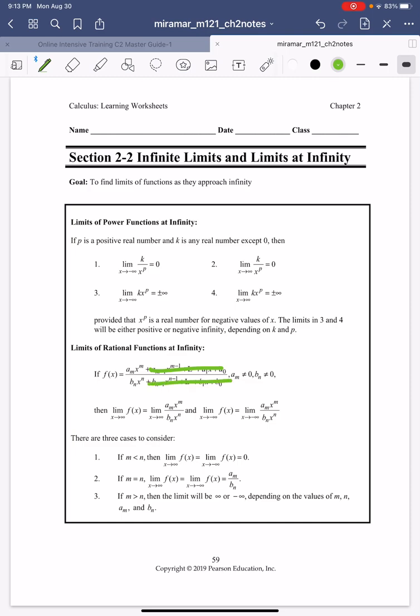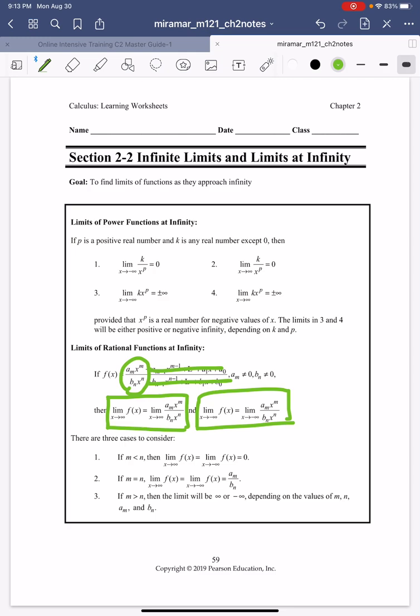What matters most is the leading term. So when we take a limit at infinity, we ignore all those extra terms and just look at the leading coefficient and leading term, and then plug in positive infinity and negative infinity.